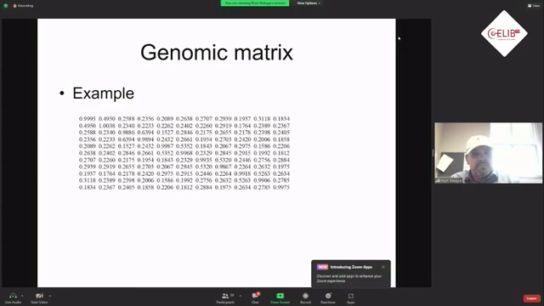So why could the relationship of an individual with itself be different from 1? In absence of inbreeding, you compute the genomic relationship like the one I did here, and the diagonal element for the first animal is 0.995, and for the second animal is 1.0038.